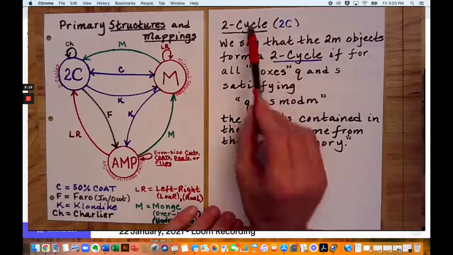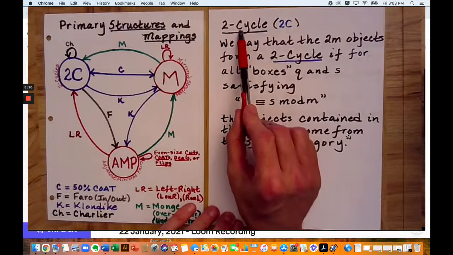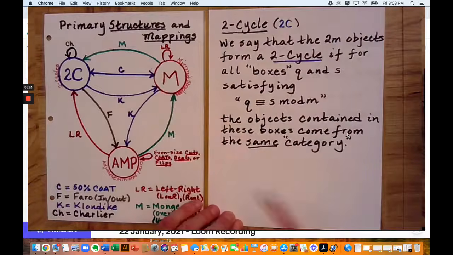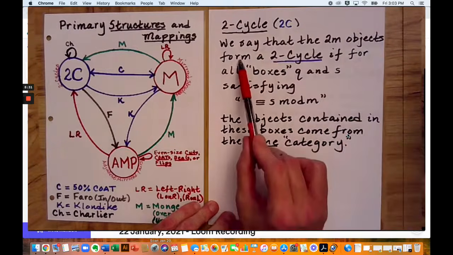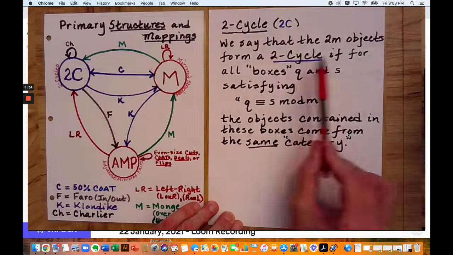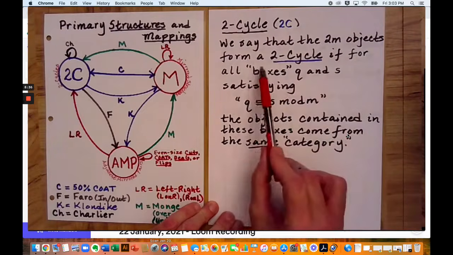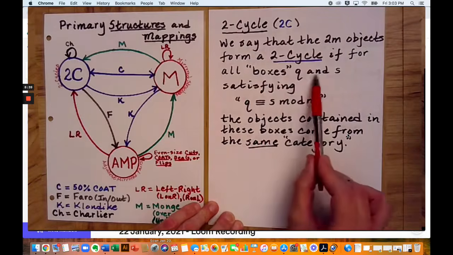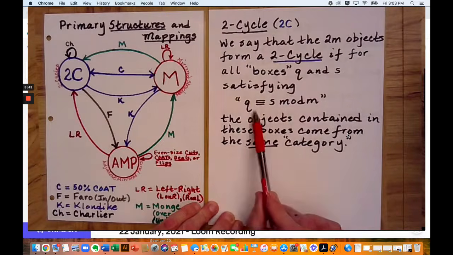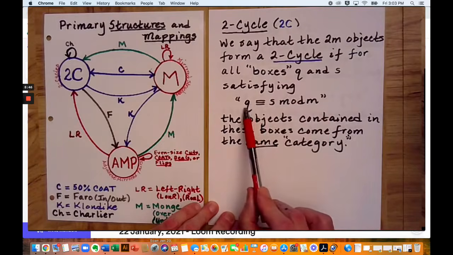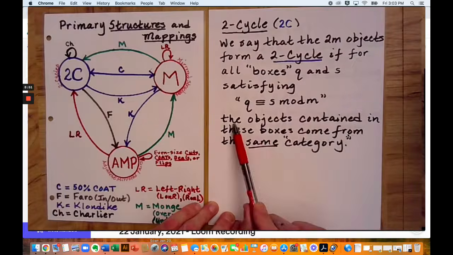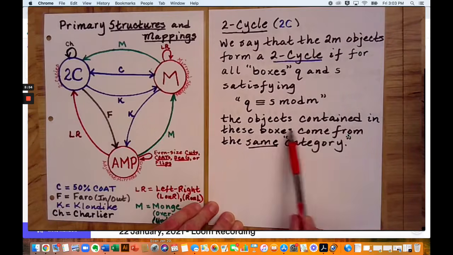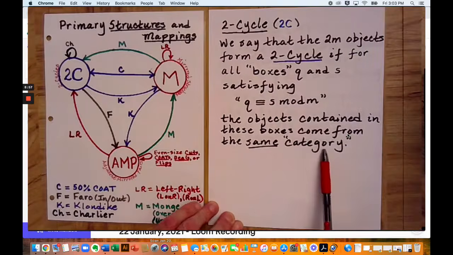Okay, so right here, this 2 cycle with a capital C, so far we haven't defined it. We don't know what that is. So we say that the 2m objects form a 2 cycle if for all boxes Q and S satisfying this, namely, they need to be congruent modulo m, the objects contained in these boxes come from the same category.